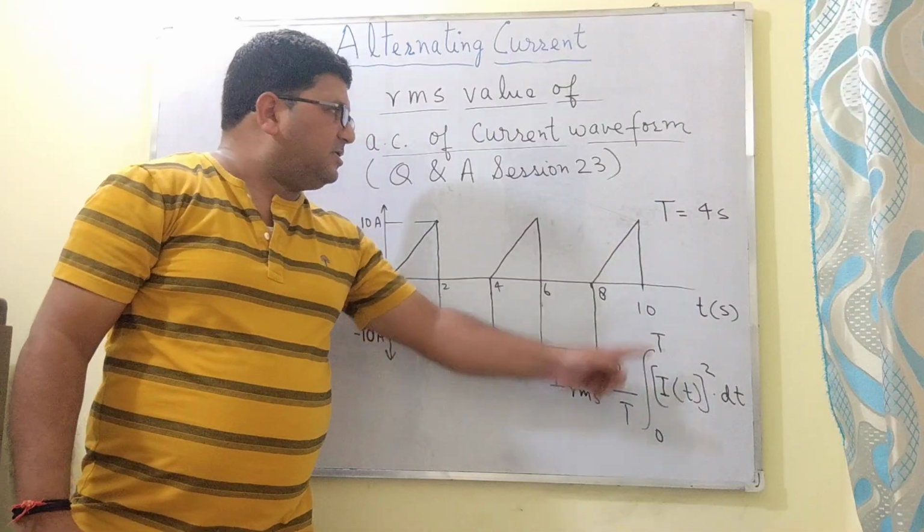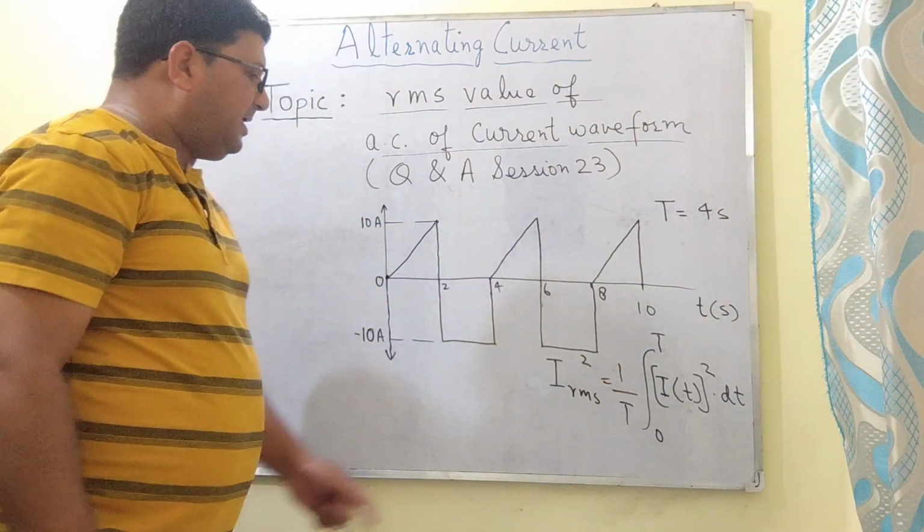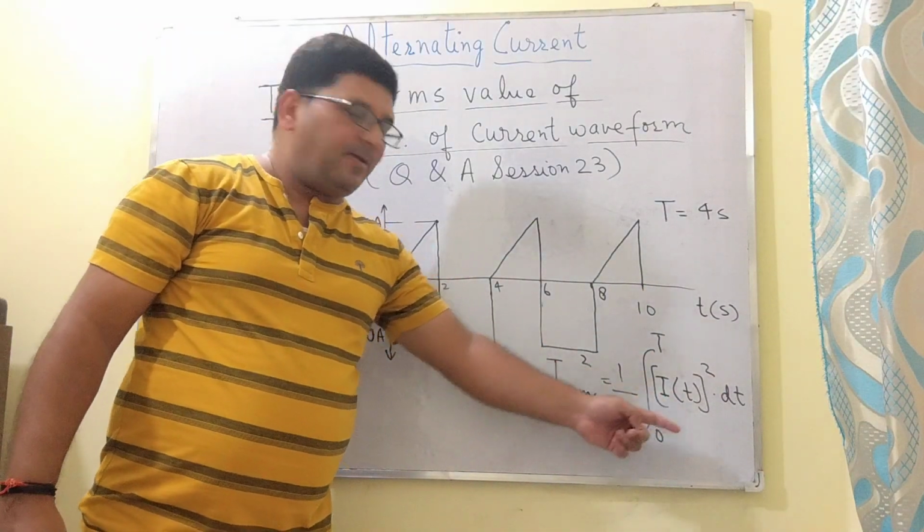Here T is the time period and i(t) is the instantaneous current.